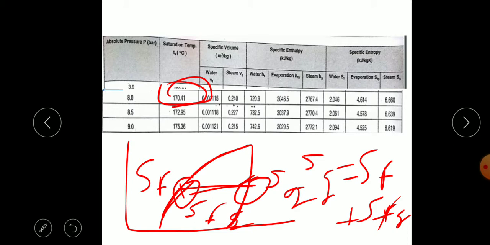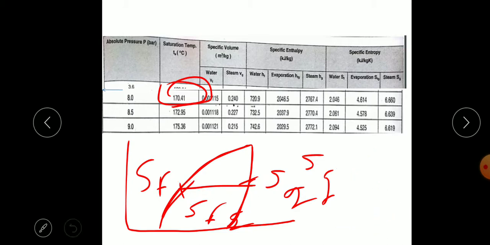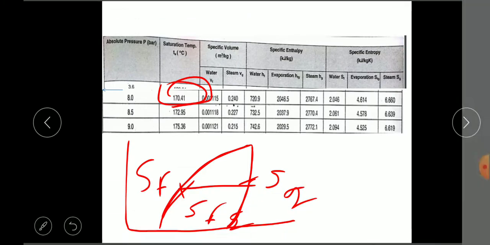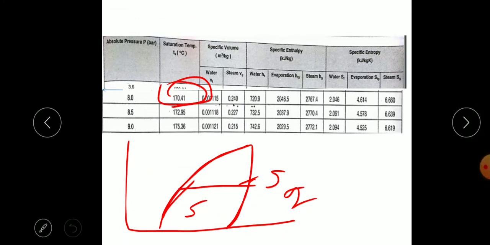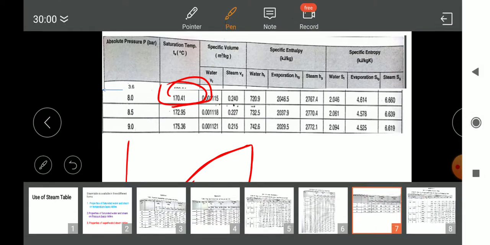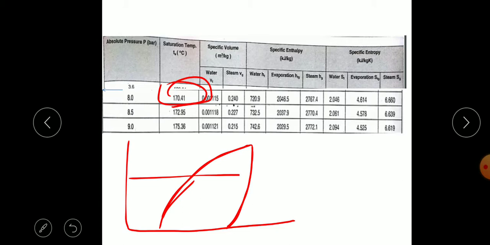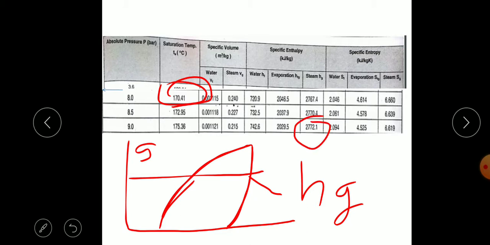So we can find all these values from the steam table according to the pressure. Suppose this is the 9 bar pressure. Corresponding to 9 bar, this is the Hg. So the Hg value is given as 2772.